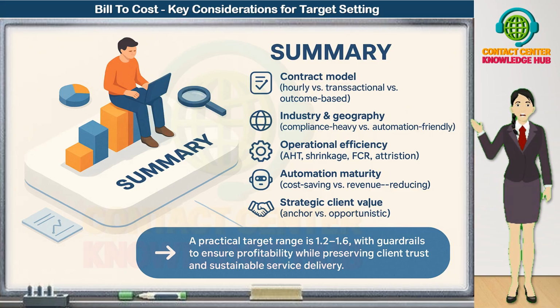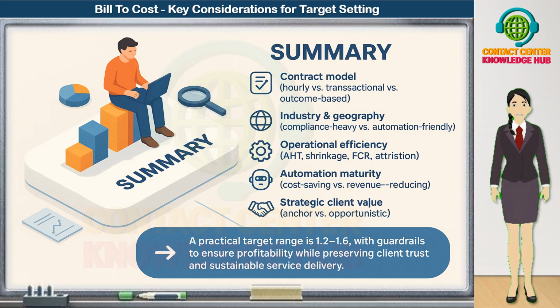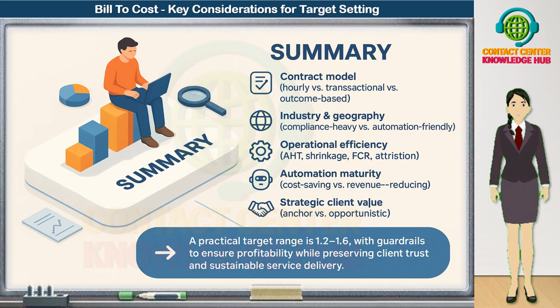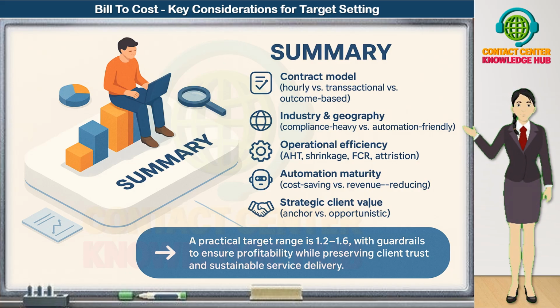Automation maturity, understanding whether automation will lower cost or reduce billable revenue, depending on the pricing model. Strategic value of the client, distinguishing between anchor clients, where margins may be intentionally lighter, and transactional clients, where stronger protection is required.